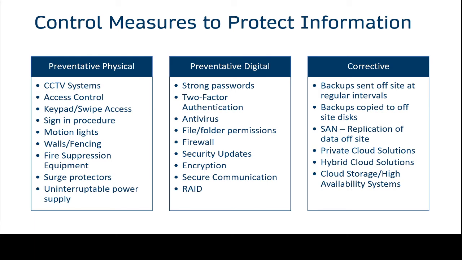So backups are just additional copies of your files saved in a different place. If the place you normally keep it is damaged, broken, stolen, whatever, you've still got another copy which you can go and access. So backups could be sent off-site at regular intervals. You could have SAN, which is basically just replication of data off-site.